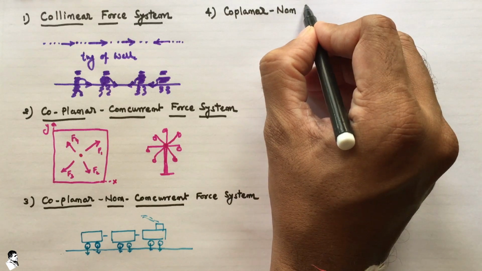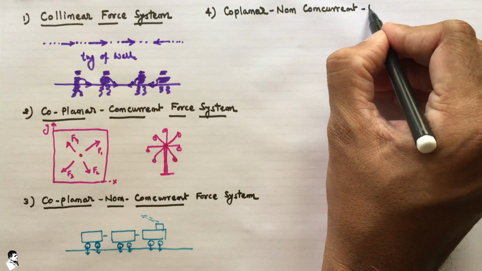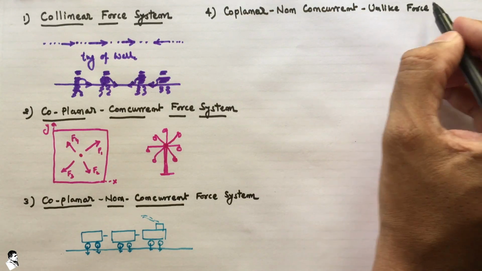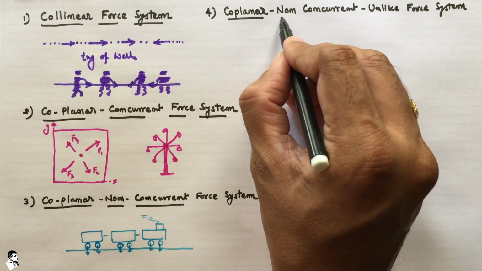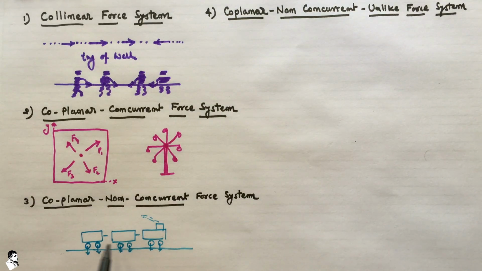So if we move ahead, then system number 4 is again a coplanar non-concurrent unlike force system. Here we can say coplanar non-concurrent parallel as well as like system, yes, because this will maintain the same distance, so it is parallel, and that will be in the same direction, so it is like.